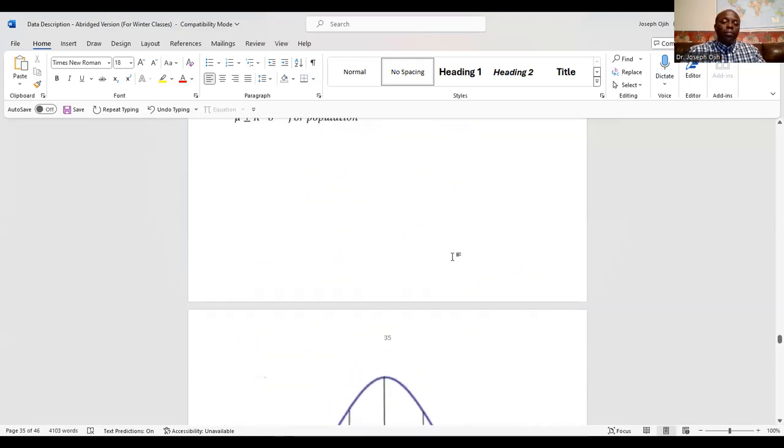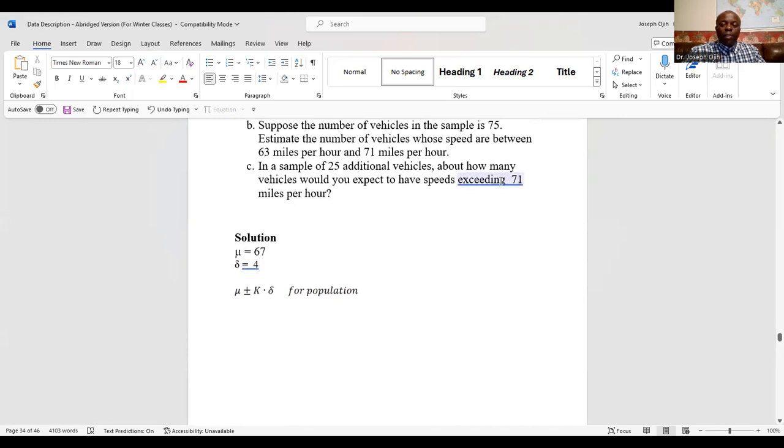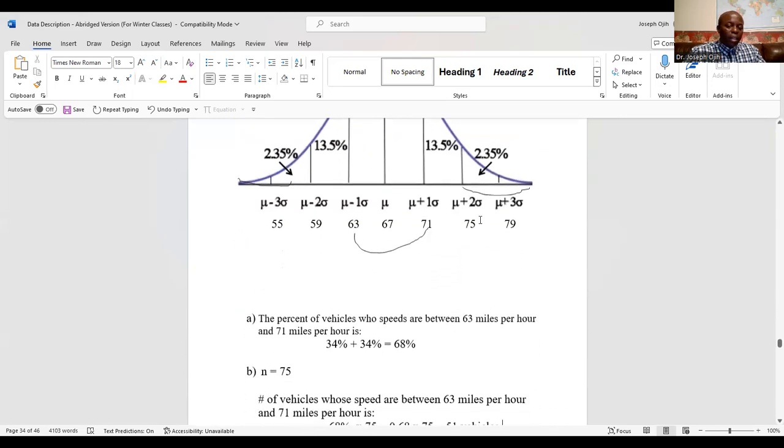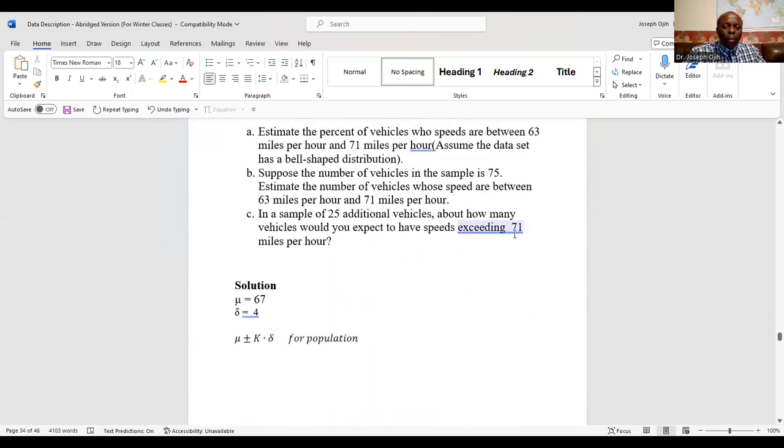Part C says, in a sample of 25 additional vehicles, how many vehicles would you expect to have a speed exceeding 71 miles per hour? Okay, first of all, I have to get the percent for that. Exceeding 71 miles per hour.